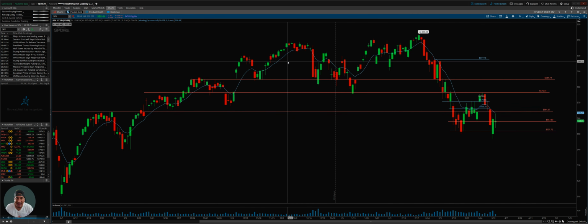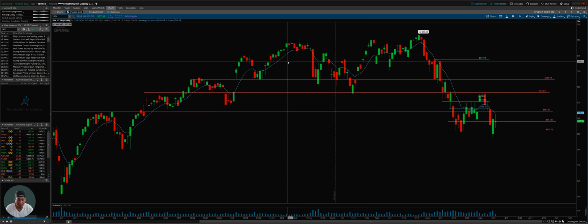How this helps me is that whenever the candlesticks are above the 9 EMA, that's a sign that we are in a bullish sentiment. Now, whenever the candlesticks are below the 9 EMA, that's a sign that we are in a bearish sentiment to start shorting the market, right?